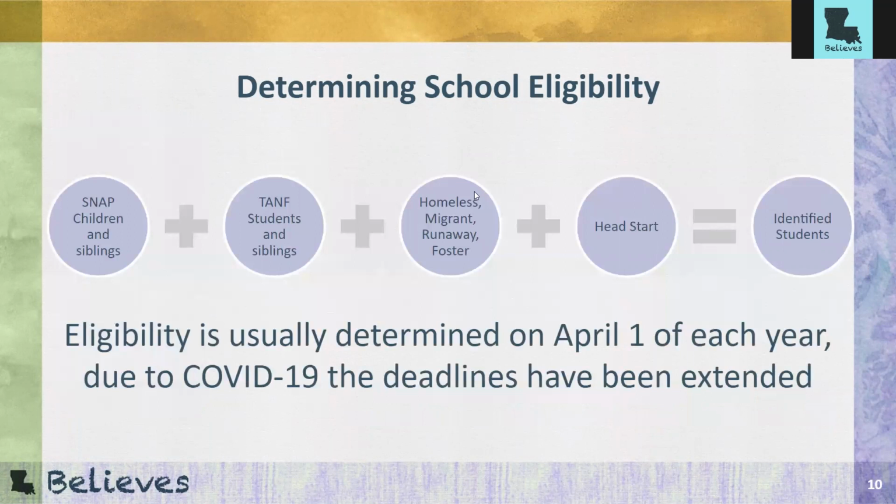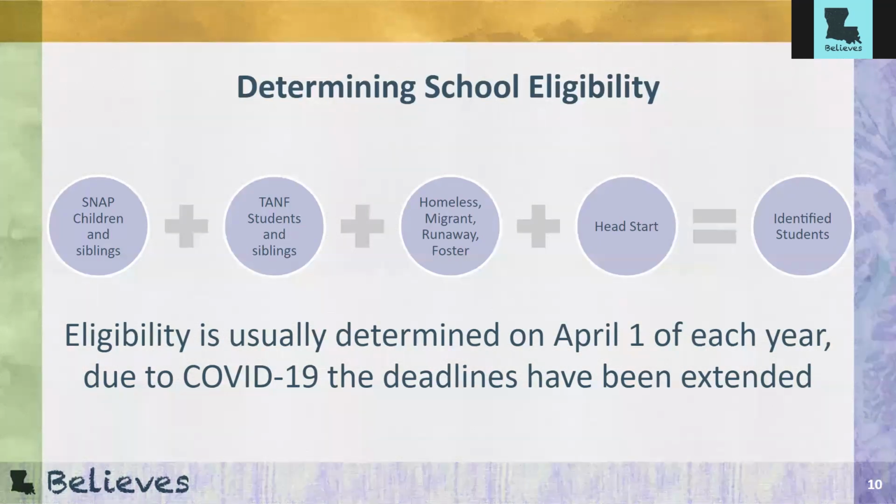So the eligibility is usually determined on April 1st of each school year. But due to COVID-19, we've seen that these deadlines have been extended over the past few years. And most recently, we received notice as of yesterday that Louisiana has been granted a waiver for the deadlines to be extended for this current year.